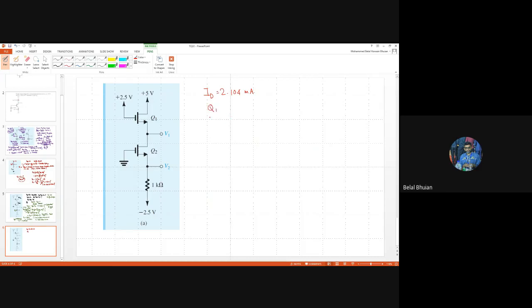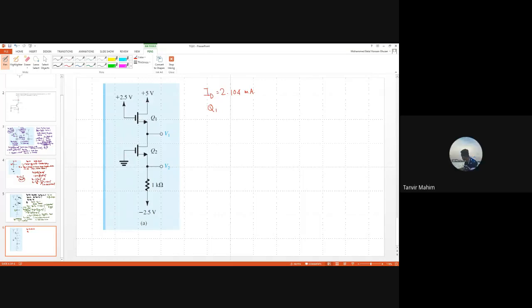And for Q1, I have to determine V1. So how can V1 be found?